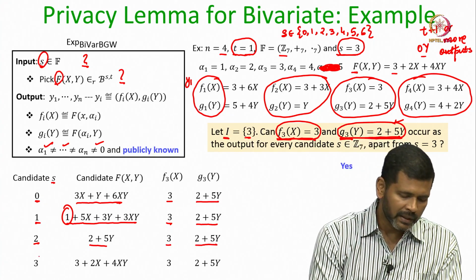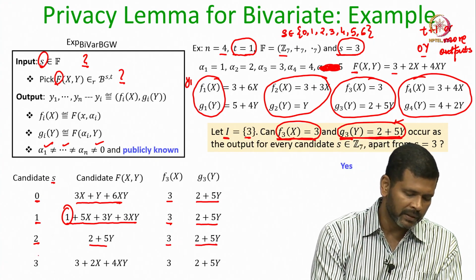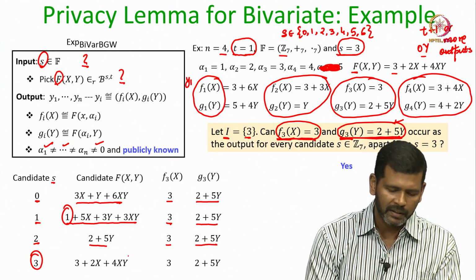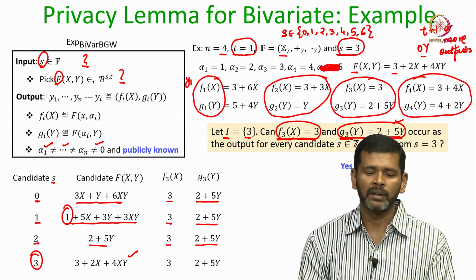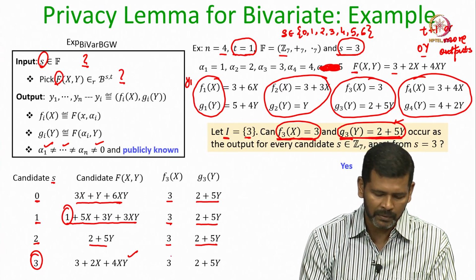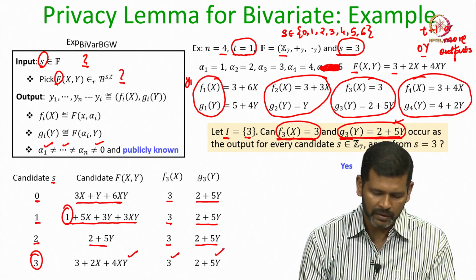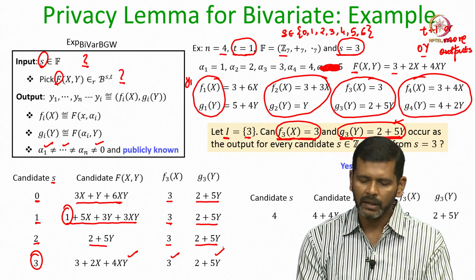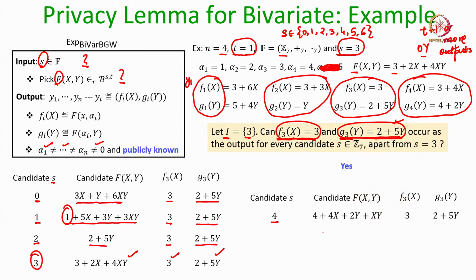Or it could be the case that I have run my experiment with input 3 with this bivariate polynomial, in which case the third row and third column polynomials would have been 3 and 2 plus 5y respectively. Or it could be the case that my input was 4 and this was the bivariate polynomial I have chosen, and if that would have happened, then it would result in the third row and the third column polynomials being 3 and 2 plus 5y respectively.